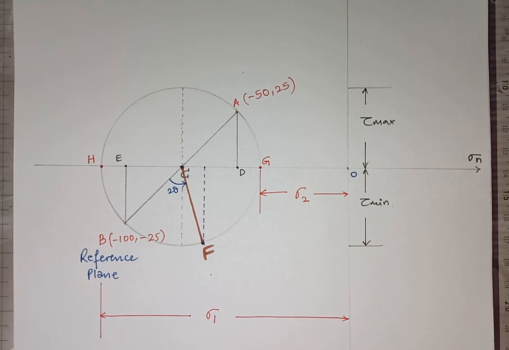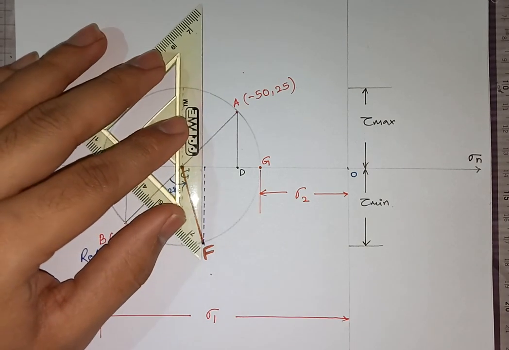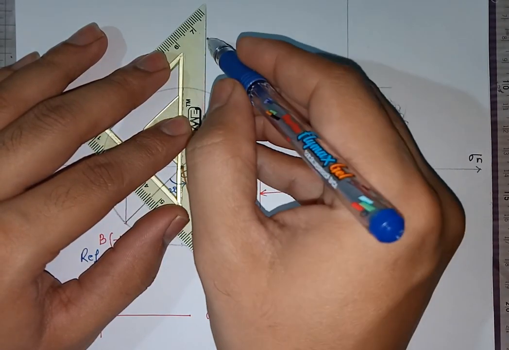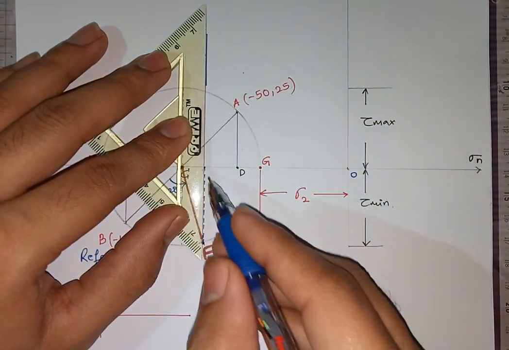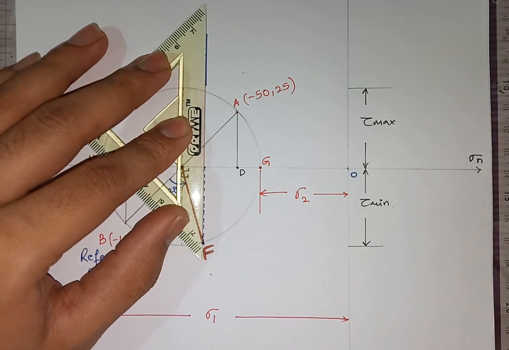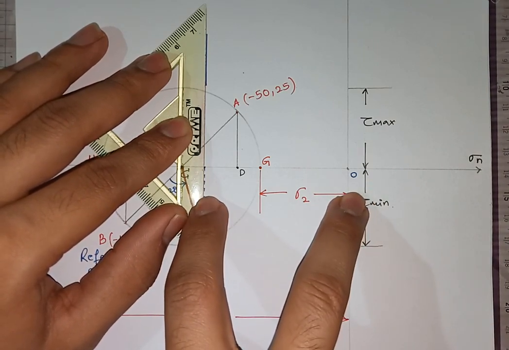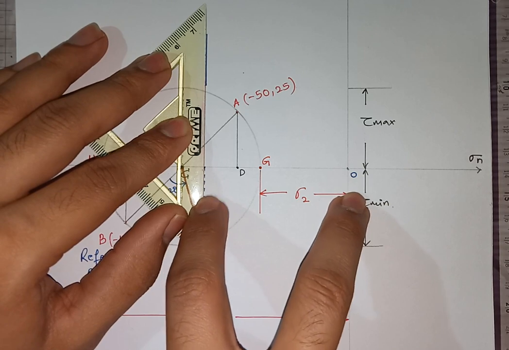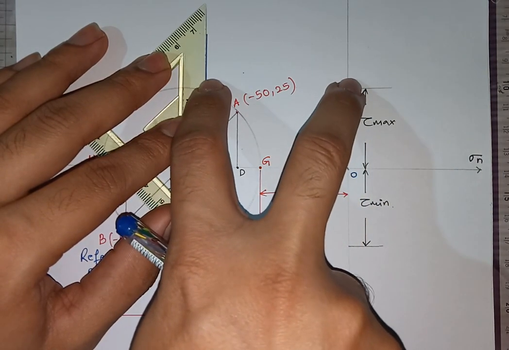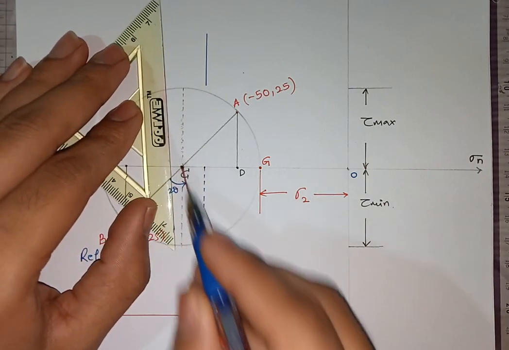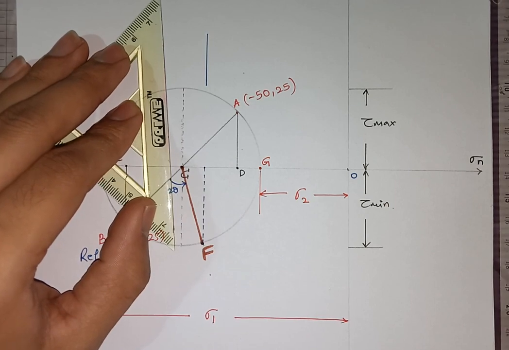If I just project this line upwards, this distance gives me the value of sigma n on this shear stress plane.